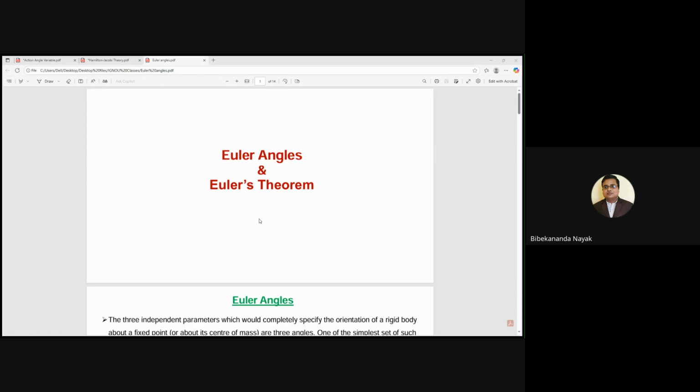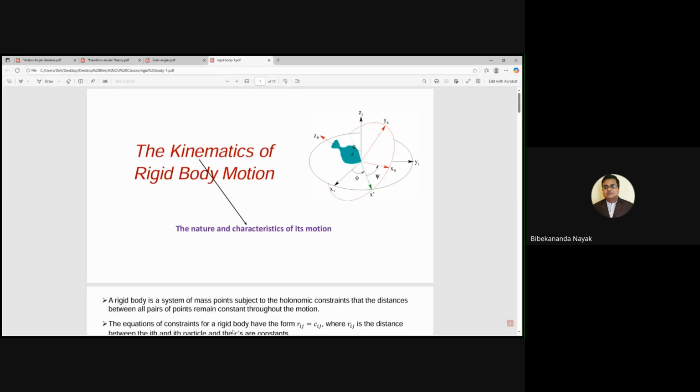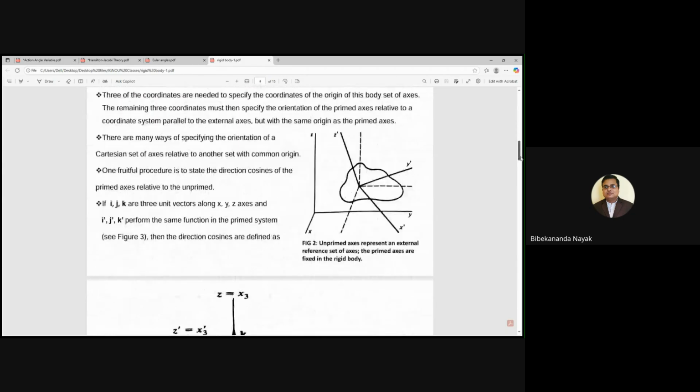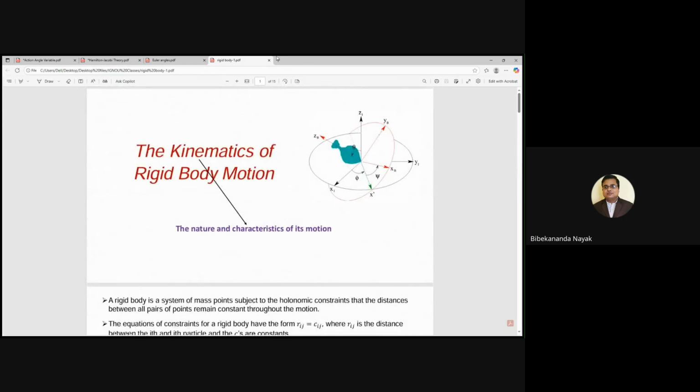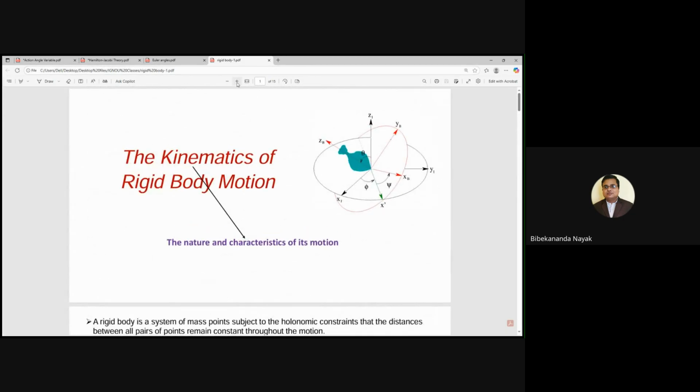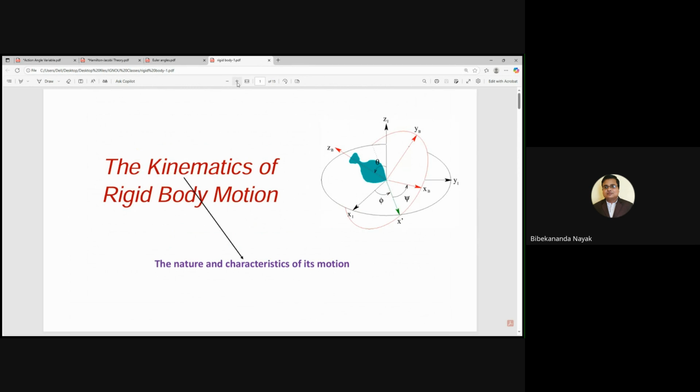Okay, we discuss some problems with rigid body, the kinematics of rigid body.